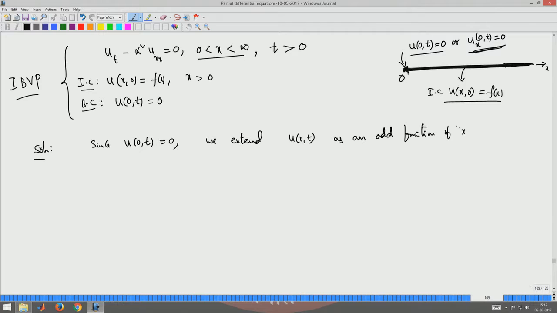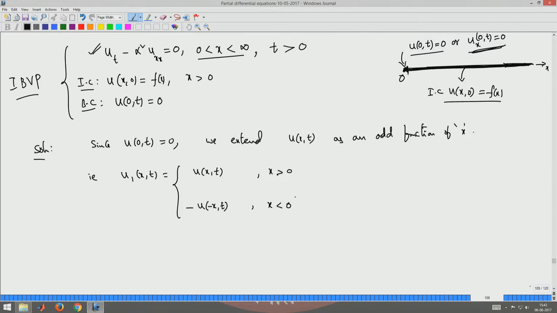That means I define a new function u1(x, t) as u(x, t) if x is positive, which satisfies the heat equation, and otherwise for x negative, as an odd function, u1(x, t) equals minus u(minus x, t). When x is negative, minus x is positive, so u of a positive quantity is what we already have.